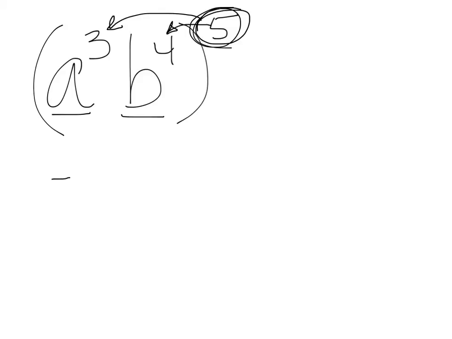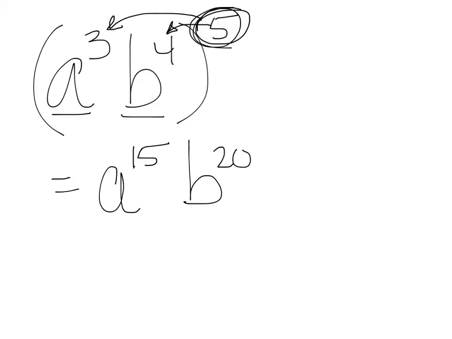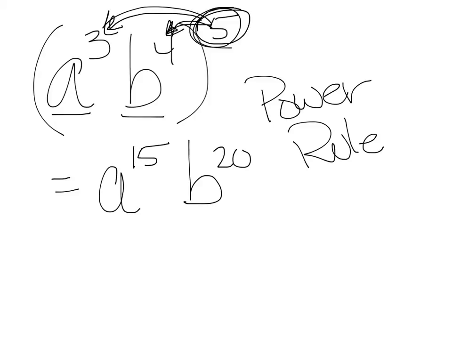That means we're going to end up with a to the 15th and b to the 20th. We have to take 5 times 3, and we have to take 5 times 4. So we're still using the power rule, though. All right? Still using that, even if there's more than one base inside the parentheses.